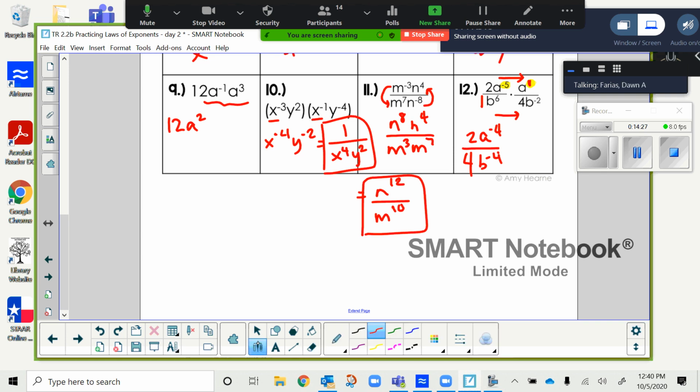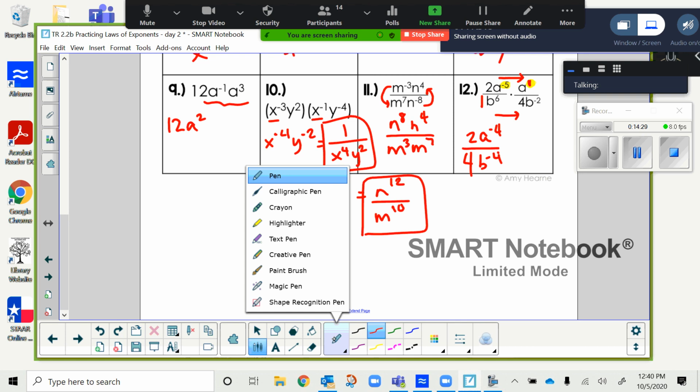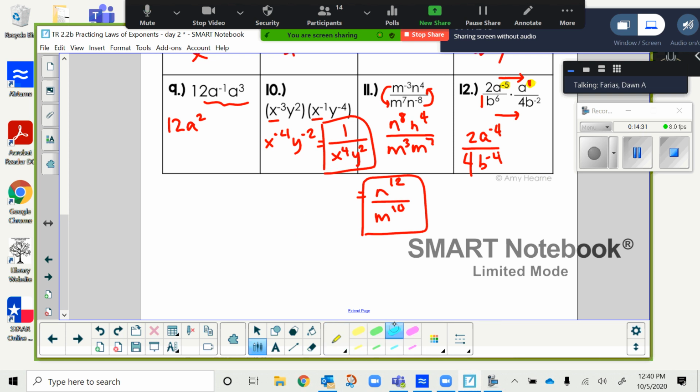And now there's a few things going on. Here's the first thing. 2 over 4 simplifies to 1/2. And then the a has a negative exponent, so it's going to come to the bottom and turn the exponent positive.